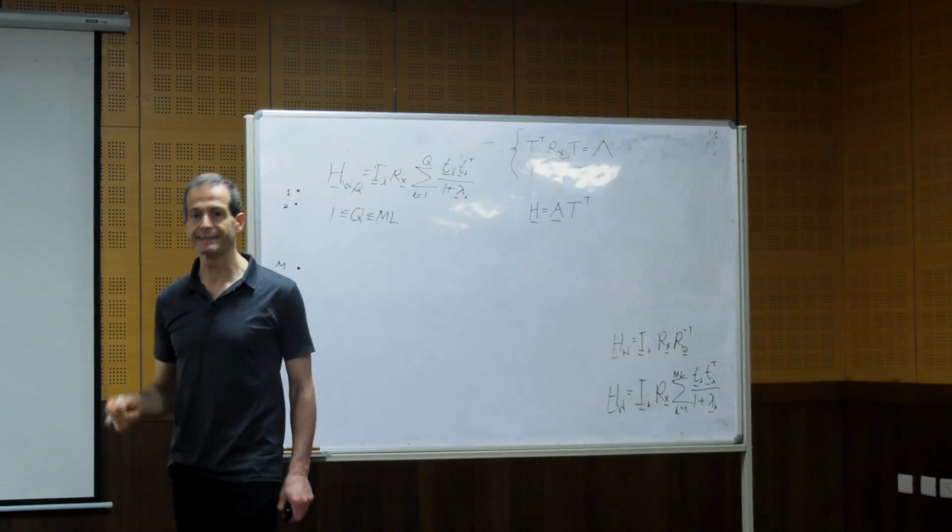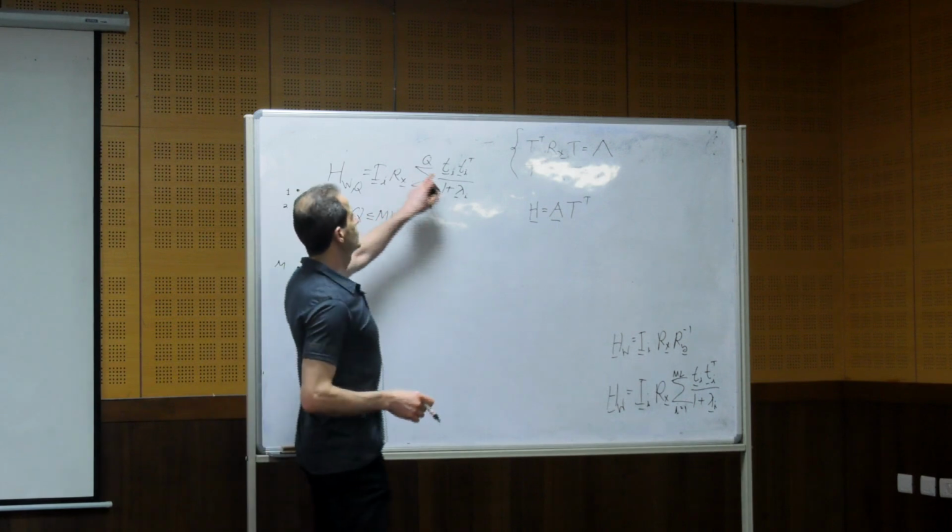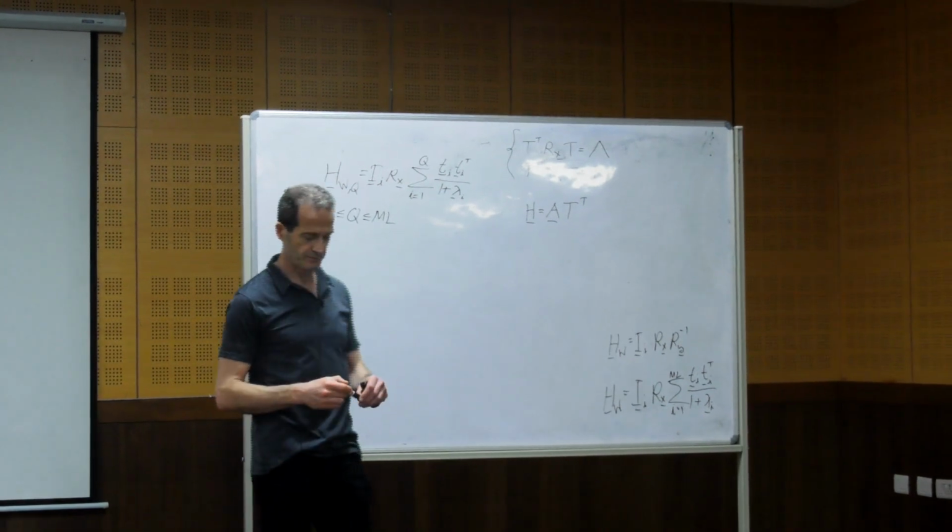And we also saw an example of how the choice of Q controls this trade-off.